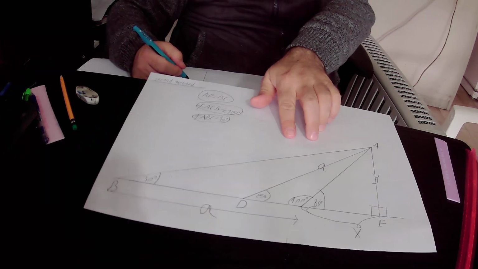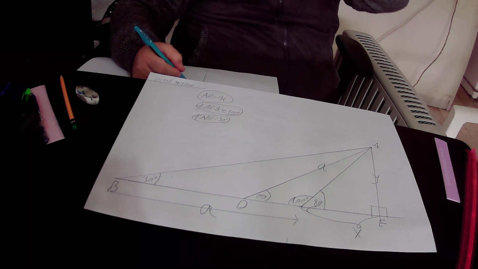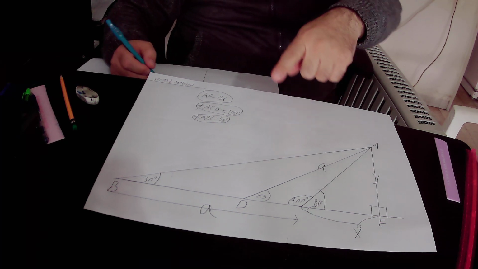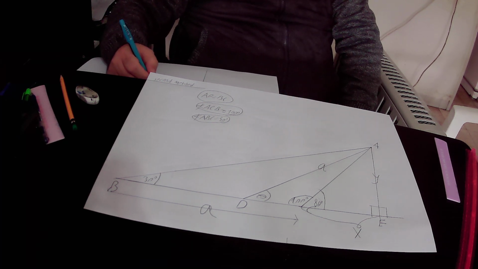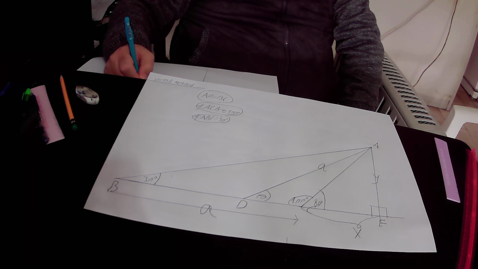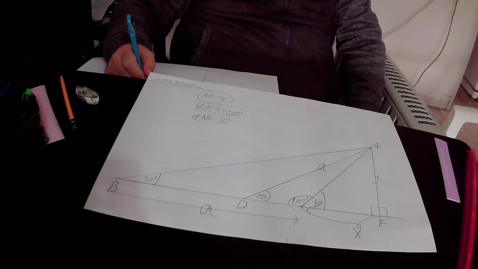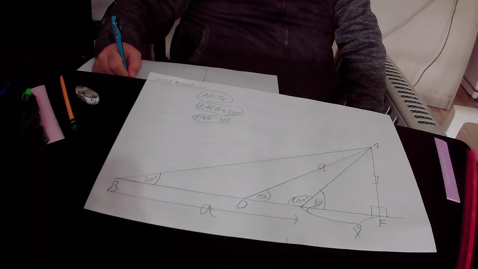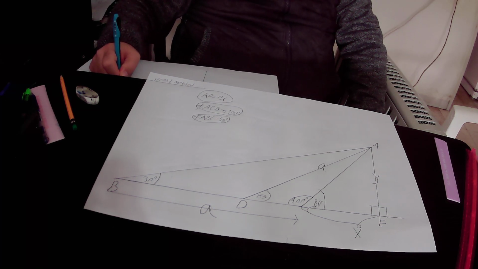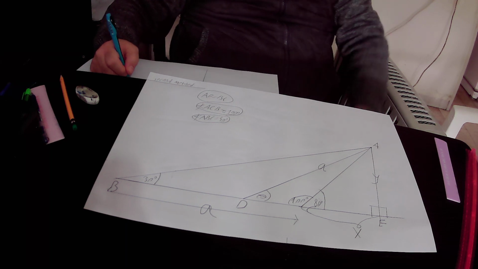So in the right triangle ADE, we know that sine theta equals AE over AD.